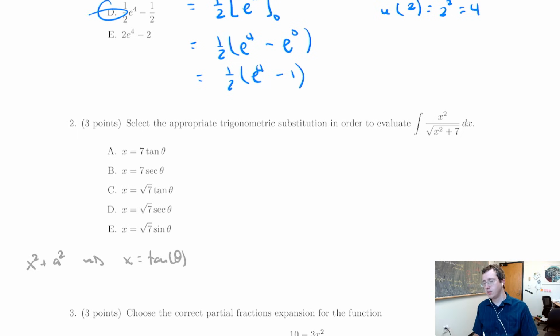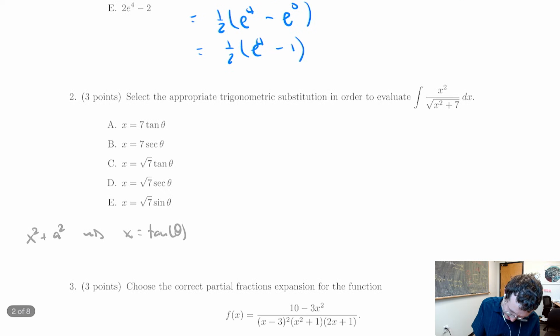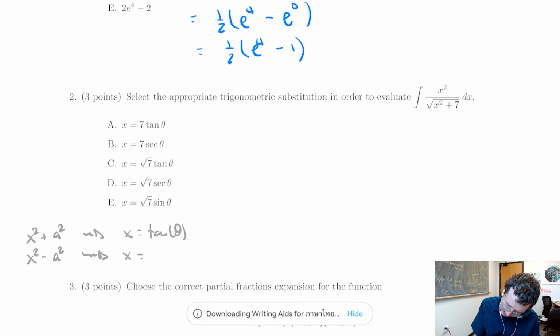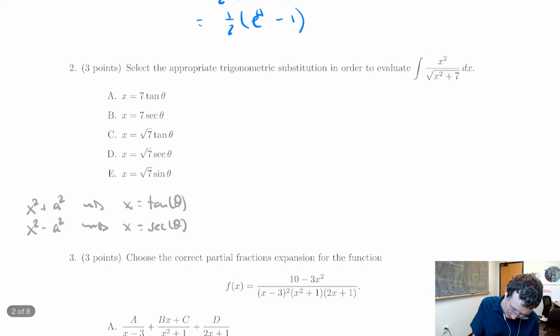I guess you could also do cotangent theta. That would be unusual, but it would work just fine. If we saw an x squared minus a squared, I would use x equals secant theta or cosecant theta. And lastly, if I see a squared minus x squared, I'm going to try substituting x equals either sine theta or cosine theta.